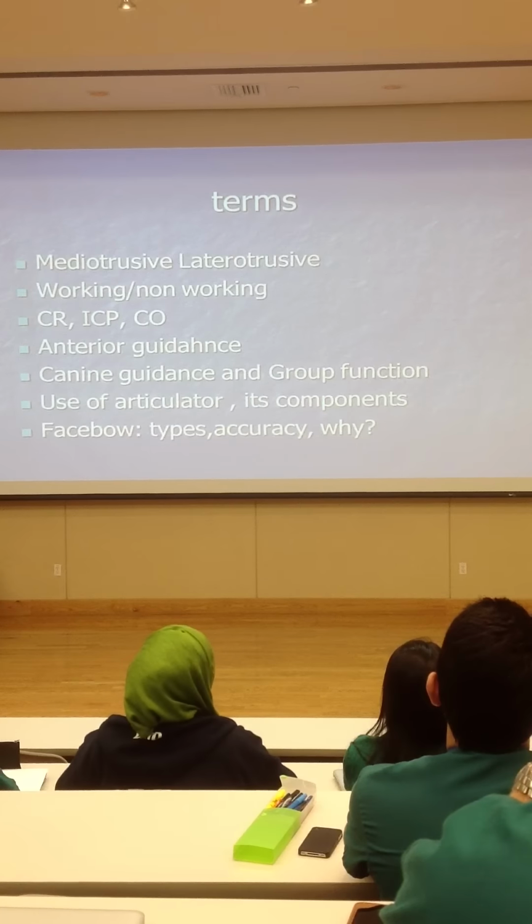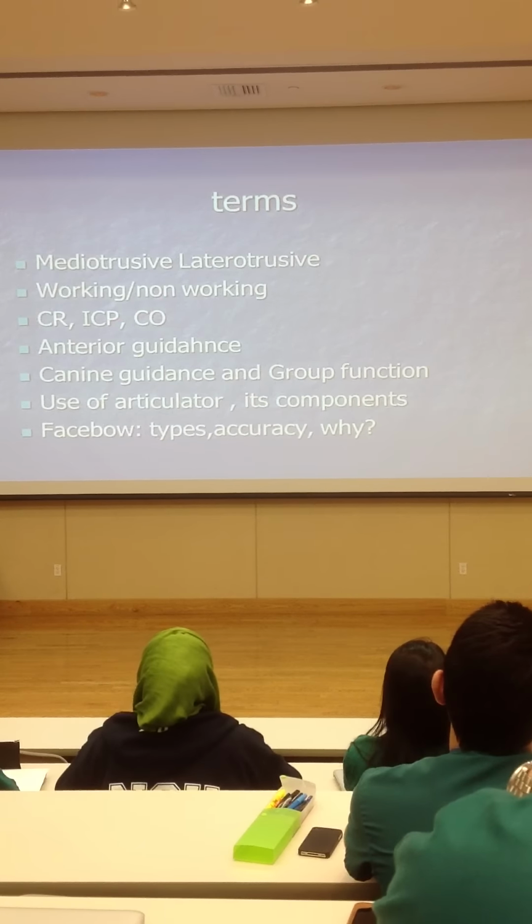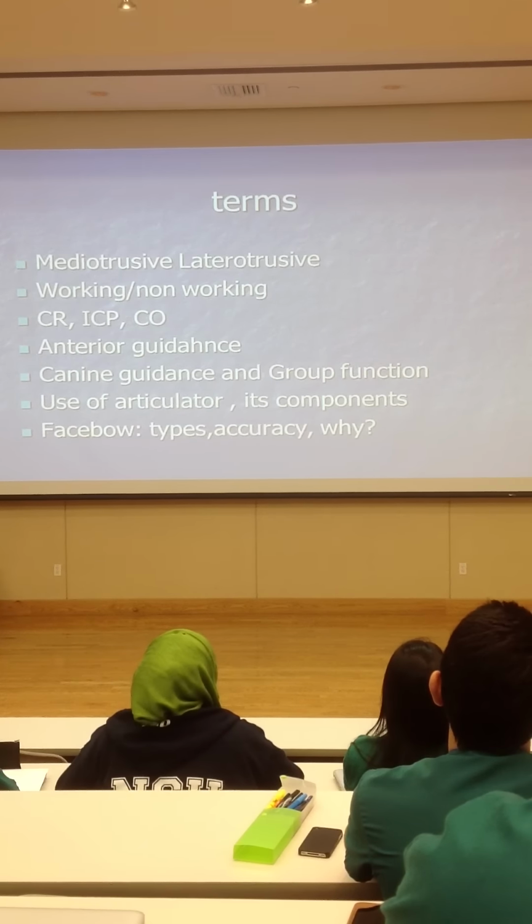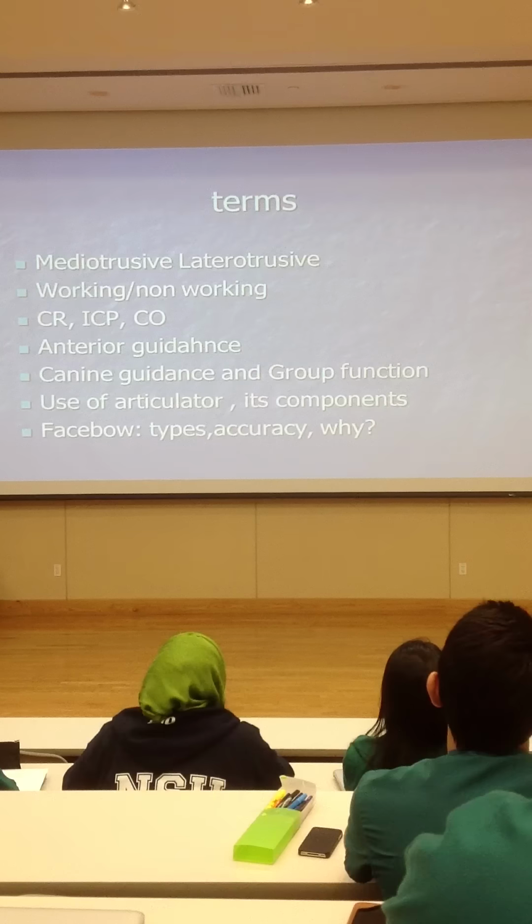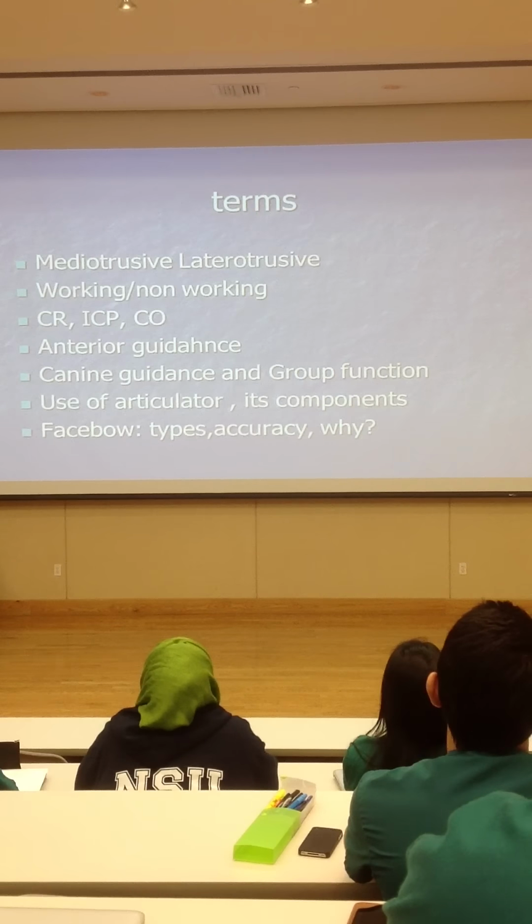Do we use centric occlusion? No. Why don't we use it? Why is centric occlusion so confusing? What is this term? Why did they use the term? Why don't they use it anymore? Why do we use retruded contact position versus ICP?